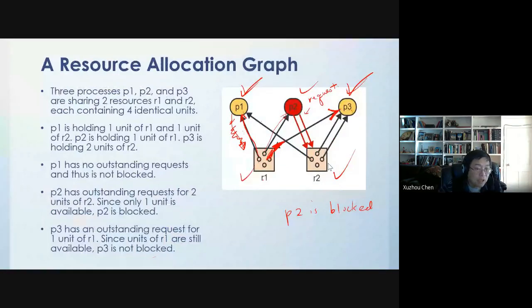So you have to check the graph each time the situation changes. That itself is very costly. So most operating systems decide, instead of sacrificing some of the performance at each step to prevent the deadlock, let's just assume that deadlock is never going to happen. So it does not provide any solution for the deadlock.